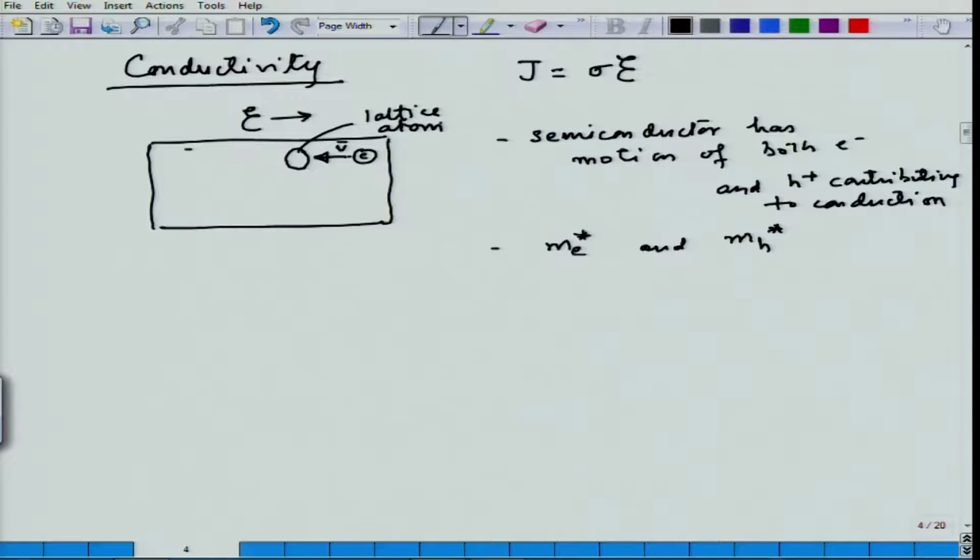In the process, it will transfer its energy to the lattice atom, and then it comes out of this collision with the thermal energy of the electron, and again in this direction gets accelerated, again having an average velocity v for the whole collective ensemble of electrons in the material.